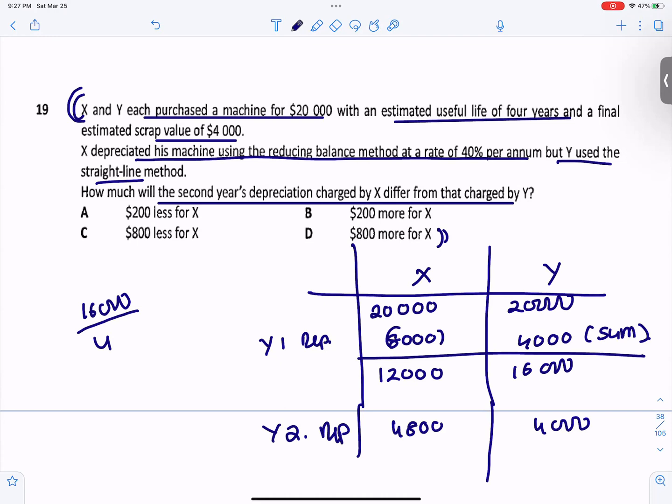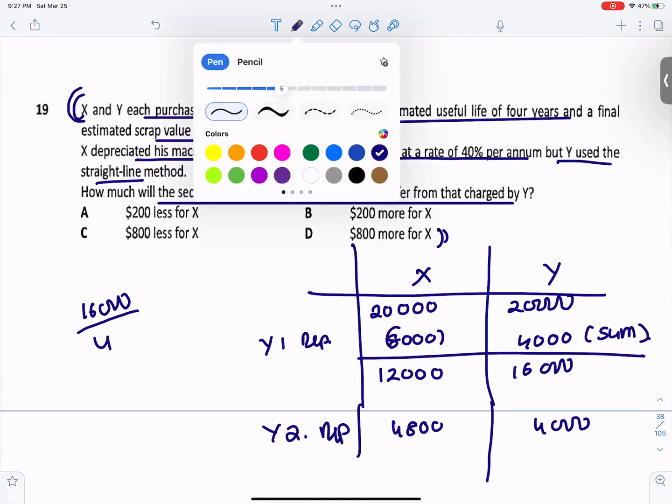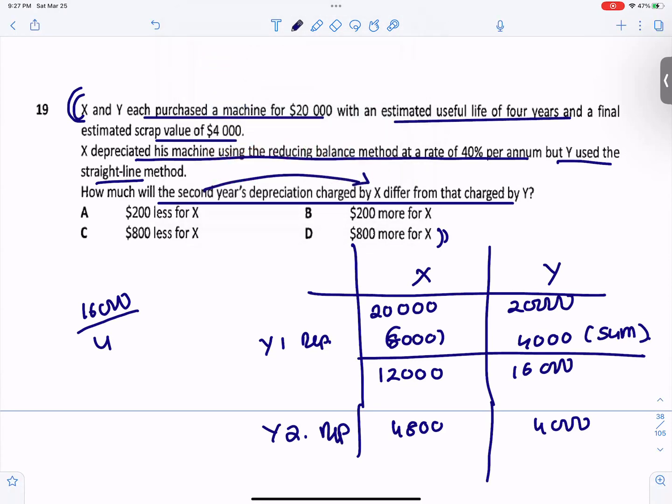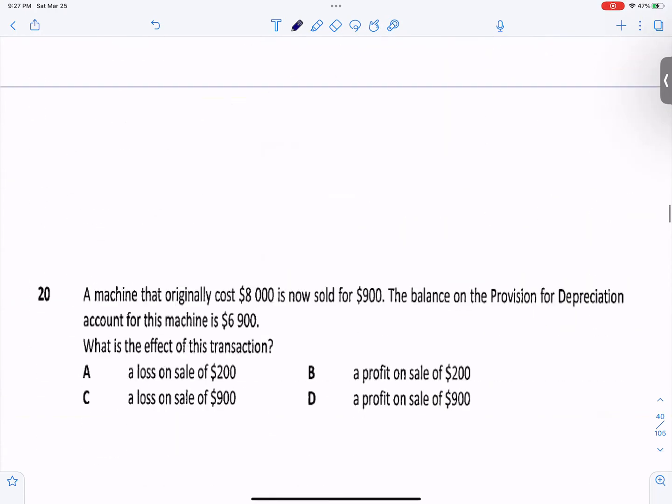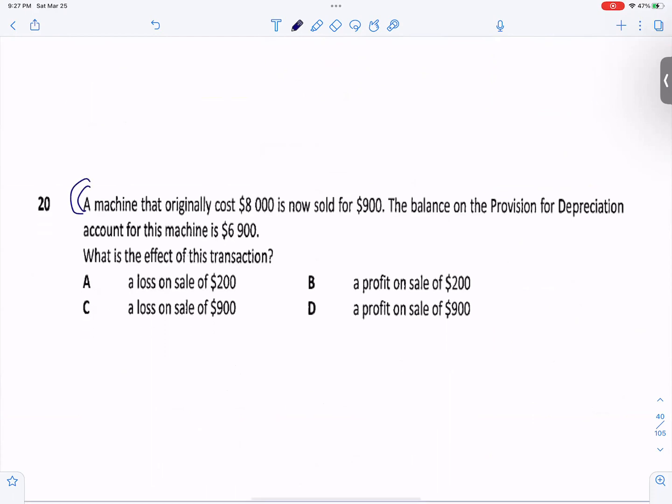So how much will the second year's depreciation charged by X differ? Miss, 800 more for X. So D, 800 more for X. Yeah. Come on, 20th. Do.